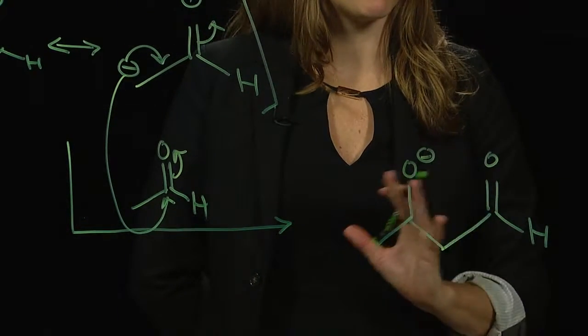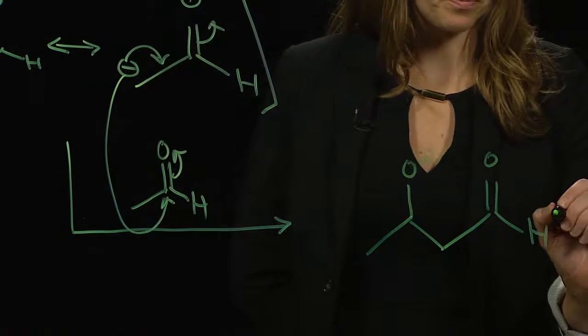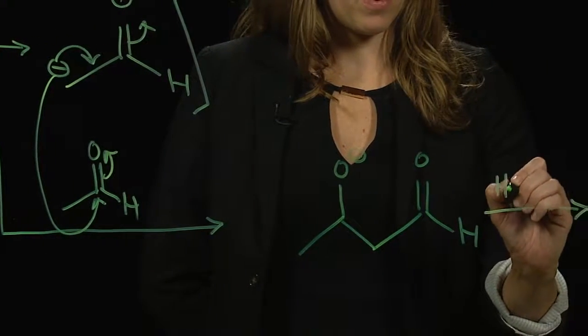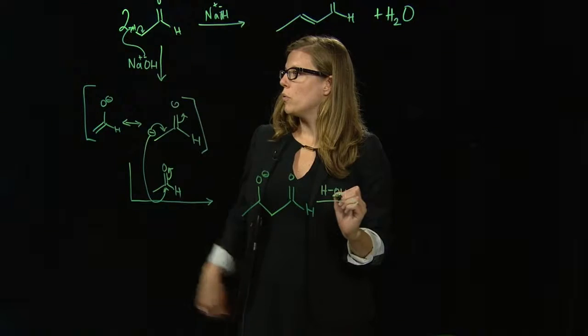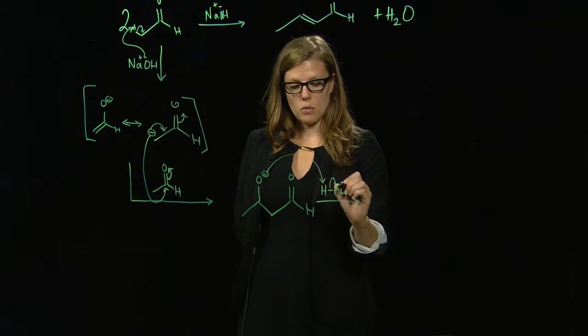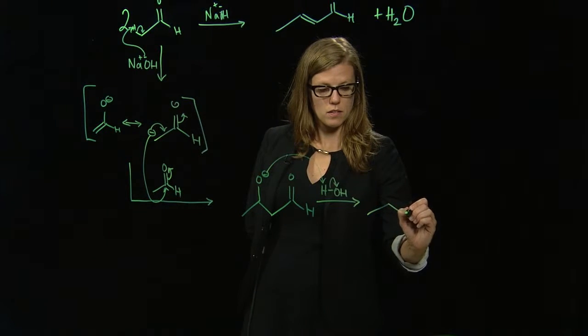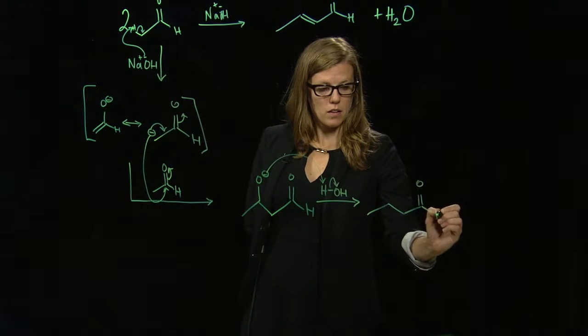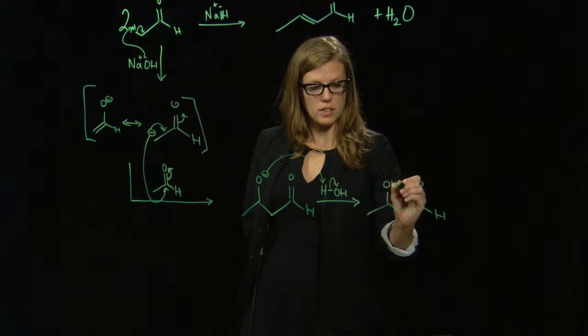So in this case we have no resonance stabilization. We can then have a water molecule, which we made in this initial step, come back, and we protonate the alkoxide to give us an alcohol.